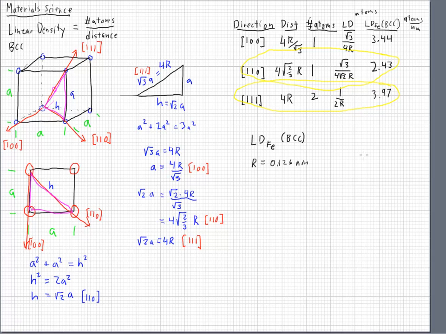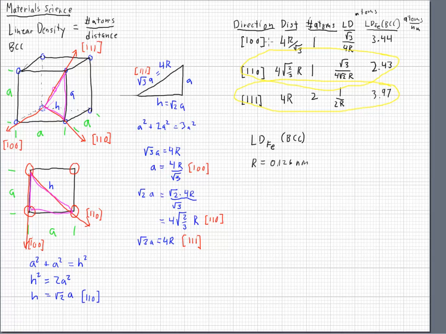So this was a review of the definition of linear density and also of the geometry of a body-centered cubic cell. We calculated the distances in that cell with respect to the atomic radius.